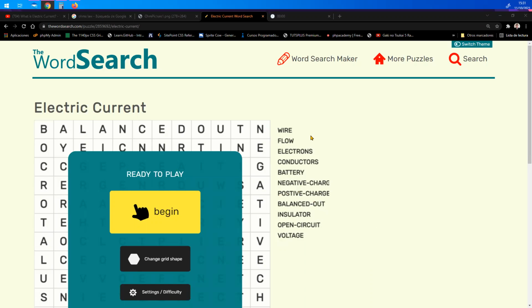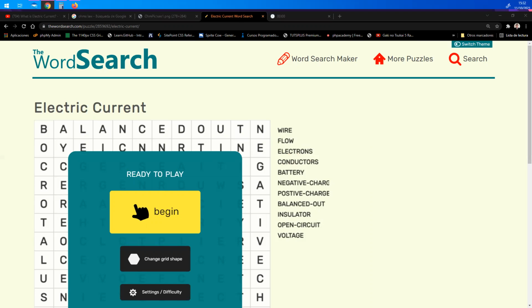Wire, alambre, cable, wire. Flow, el flujo, ¿verdad? Electrons con E, electrons. Wire, flow, electrons. Conductors, conductores. Conductors.